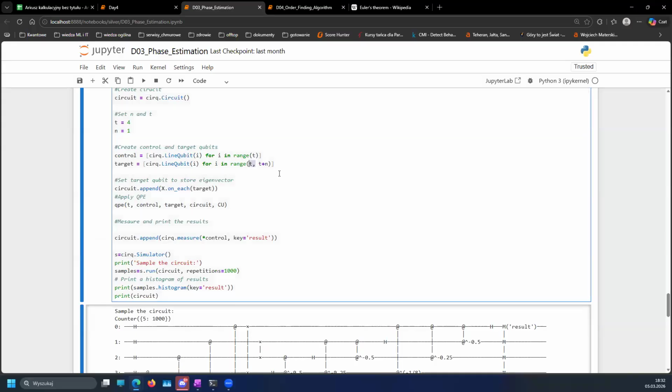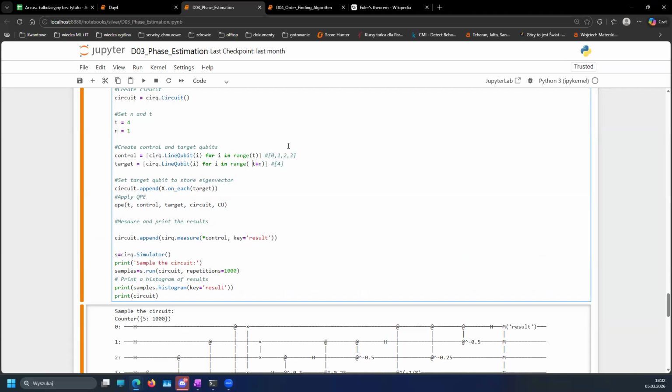So here I forgot that if I want the numbering in the control register, I would have the numbers 0, 1, 2, 3. Maybe I will comment it. And here I just wanted to have the number 4.